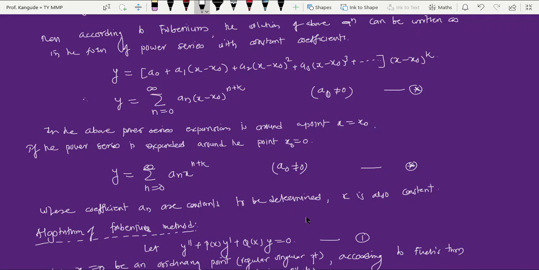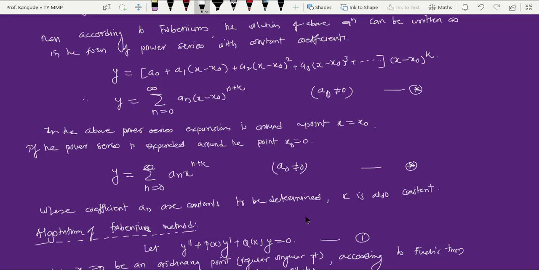And if it is an ordinary point or regular singular point, then using this method, whatever solution we get gives you something important or interpretable. Otherwise, mathematically it is possible, but physically there is no use of such equations being solved for an irregular singular point or essential singularity. So first we have to check whether the given differential equation has a regular singular point, ordinary point or irregular singular point. Based upon that, we can go for further solutions.